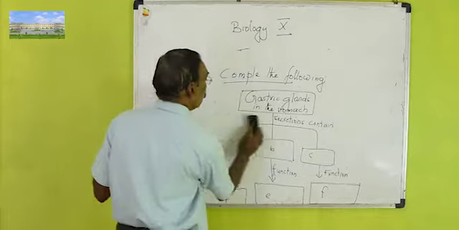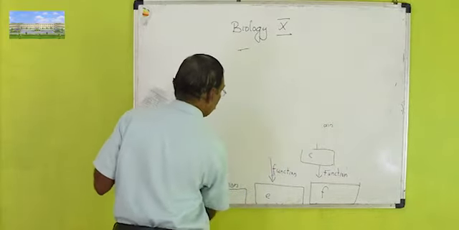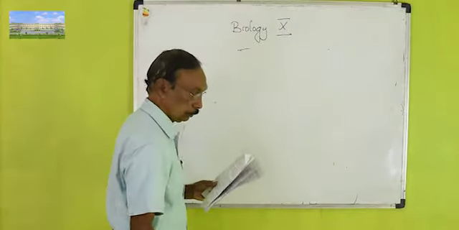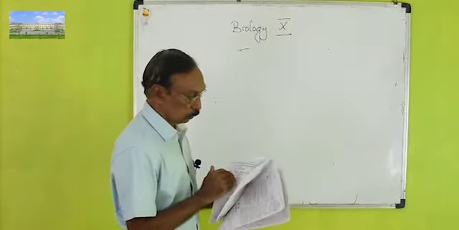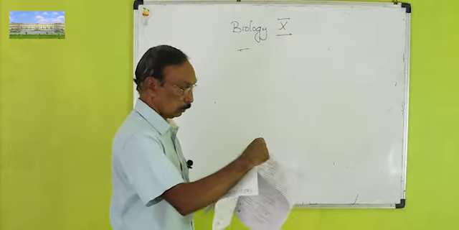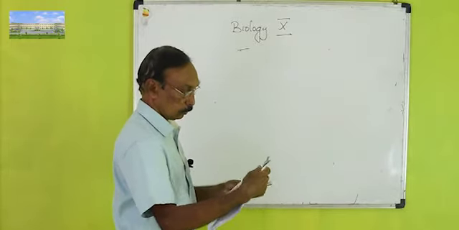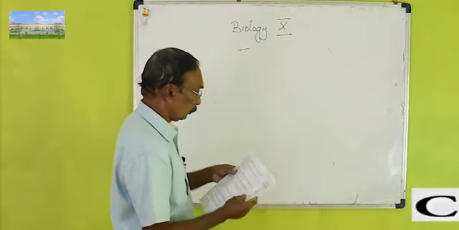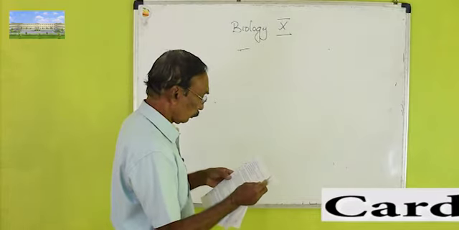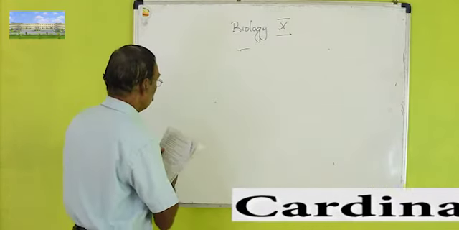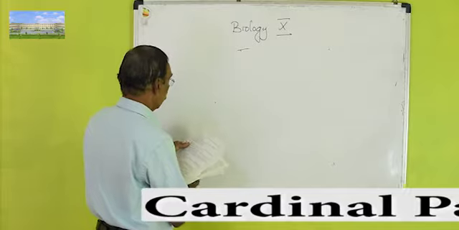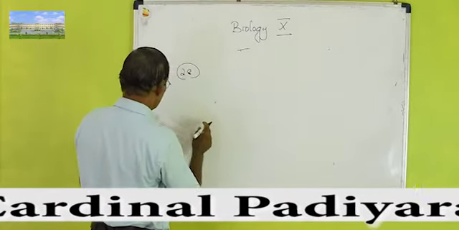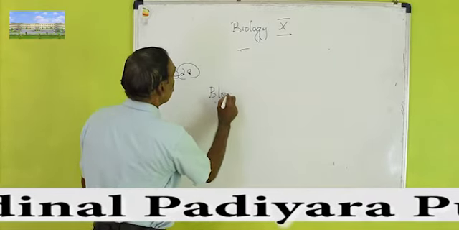Question number 2, again from this chapter. Question number 28 in this question paper. It's actually a 5 mark question. I explained this one very well.